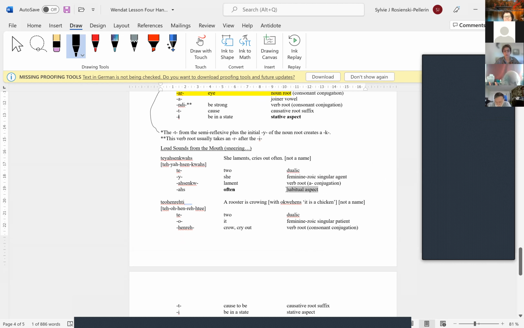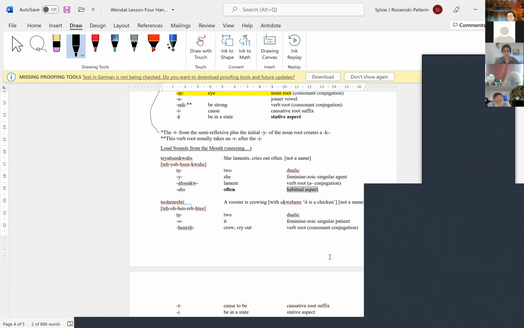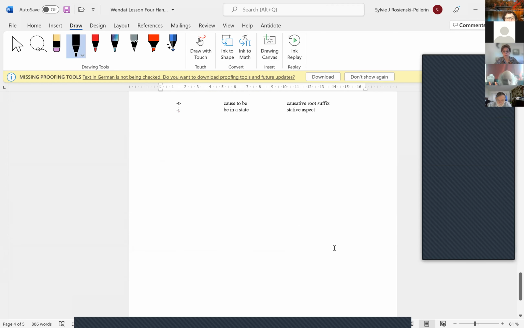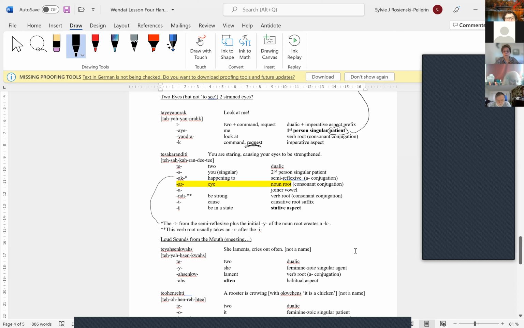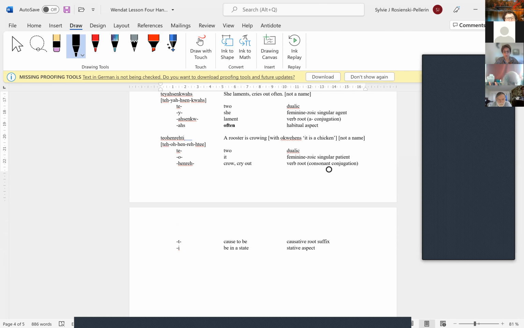Okay, and now a rooster is crowing. Now, to know that you're referring to a chicken, you need the word for chicken after that. Okay, yes, it is a chicken, right? You need that.